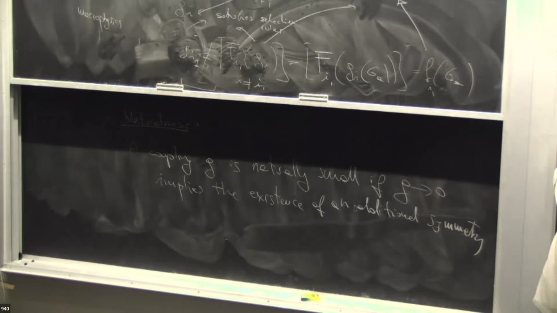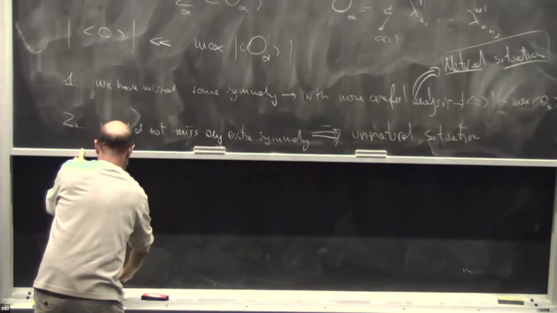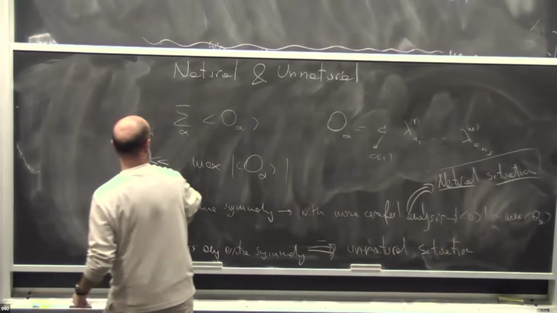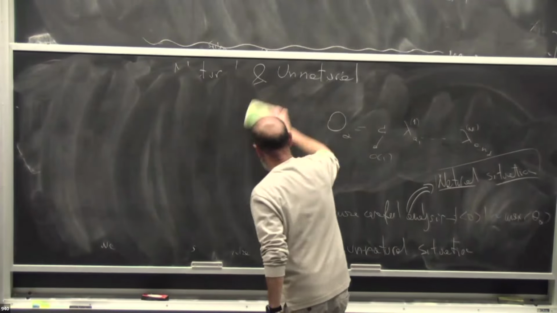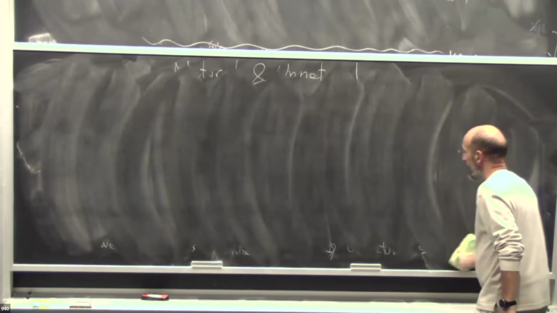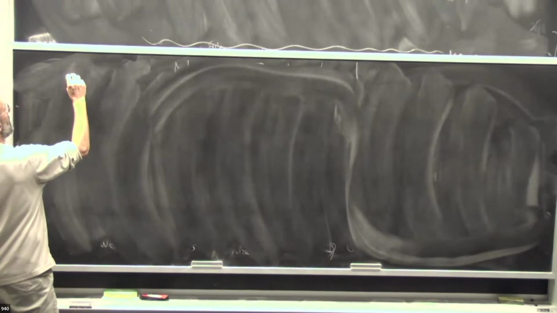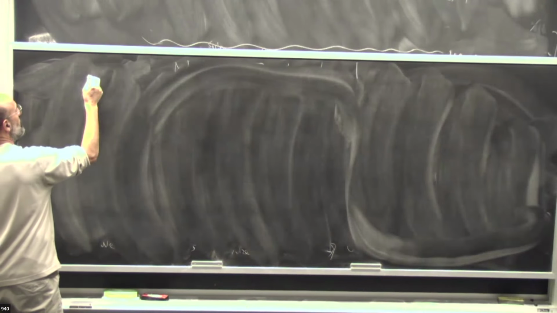The first example is a simple theory with two fermions.